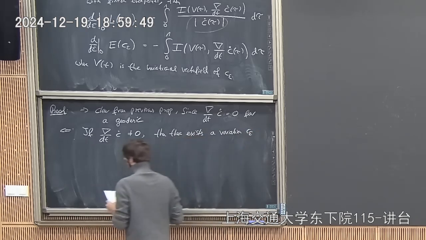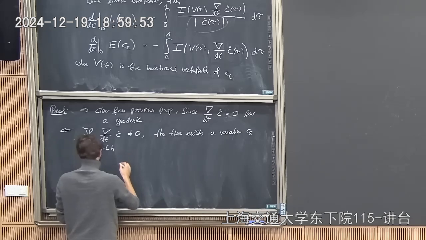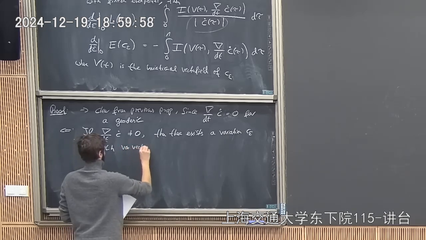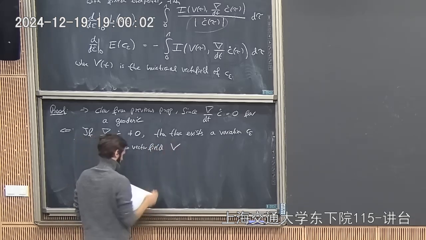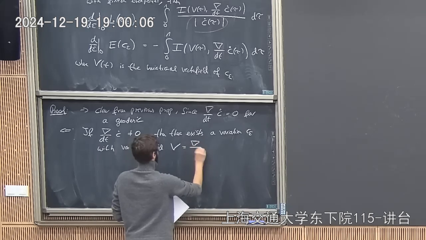C of epsilon with variation vector field V given exactly by this expression.